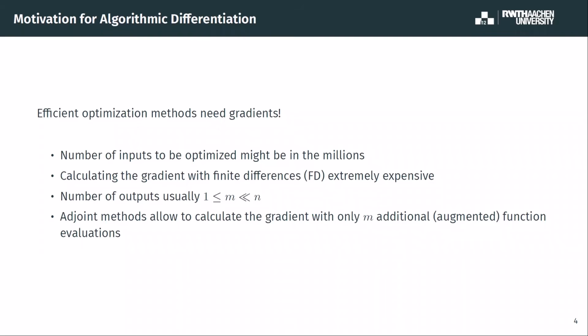And the beauty of the adjoint method now is that we construct some magic black box which can do differentiation. By calling this black box m times, where m is the number of outputs, we can get a whole gradient.